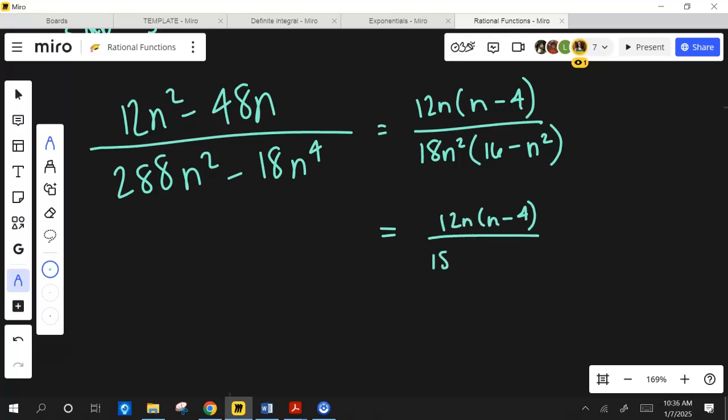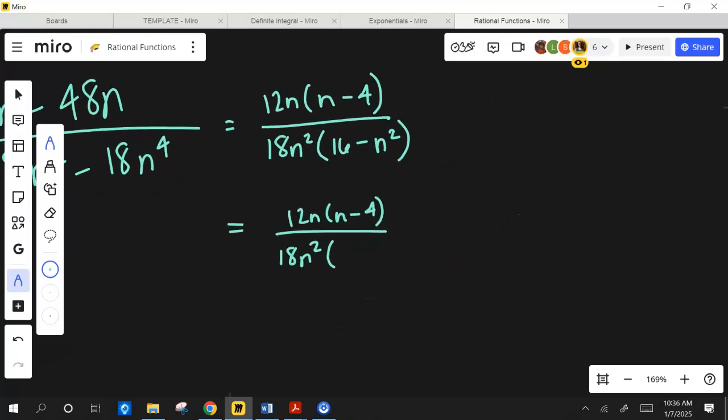Do you notice that this set of parentheses on the bottom is a difference of 2 squares? Just because the variable does not come first does not mean it still doesn't satisfy that formula. So whenever I factor it, I can do 4 minus n, 4 plus n.